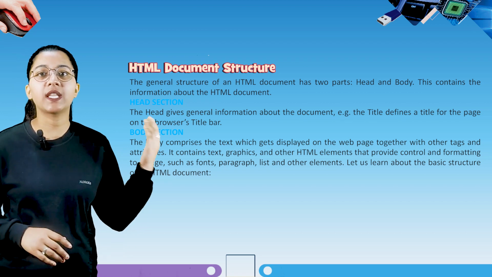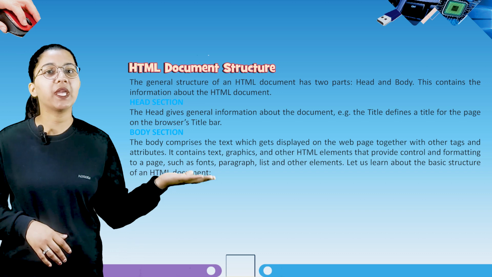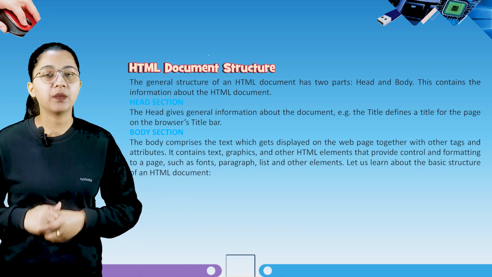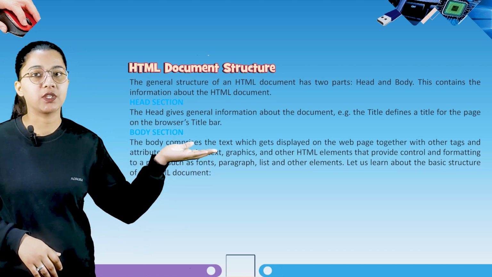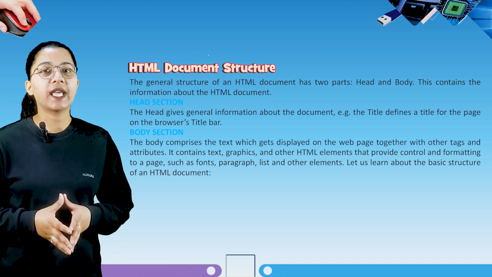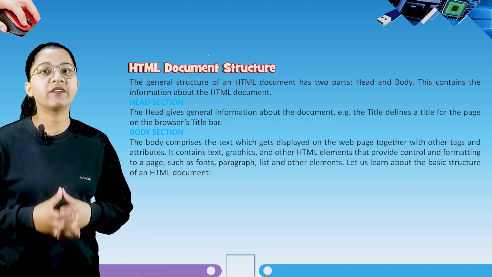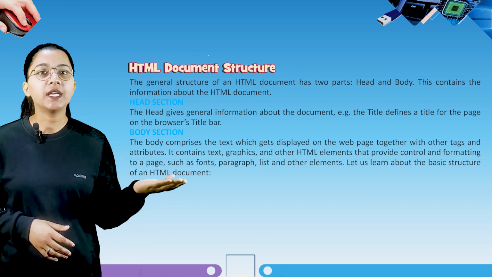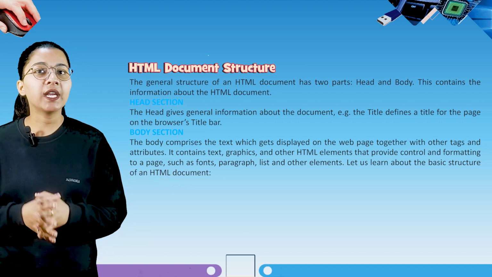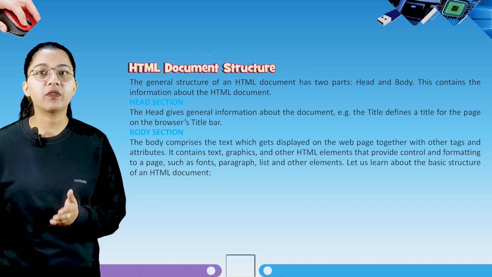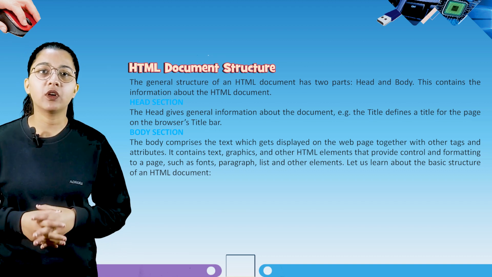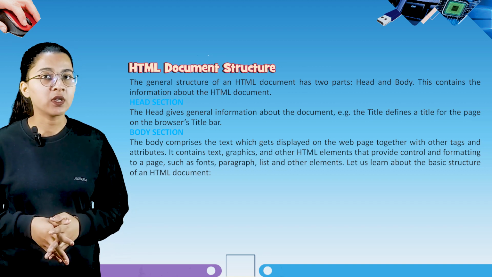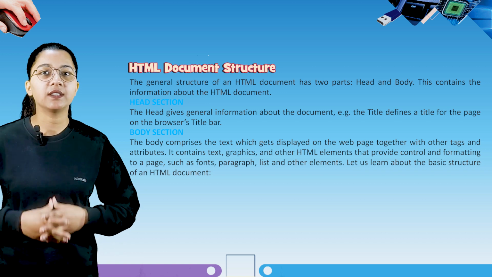For example, the title defines the title for the page on the browser title bar. Now, body section. The body comprises the text which gets displayed on the web page together with other tag and attribute. It contains text, graphic and other HTML elements that provide control and formatting for a page, such as fonts, paragraph, list and other elements.